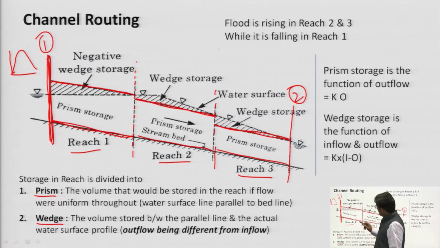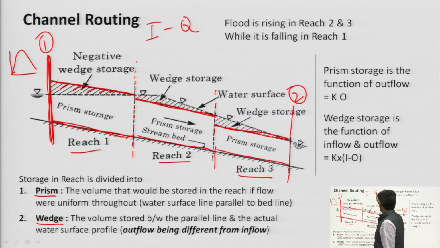But when the inflow hydrograph flood is entering at section 1, then wedge formation occurs, due to the difference of inflow minus outflow.